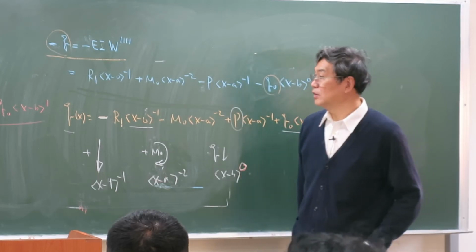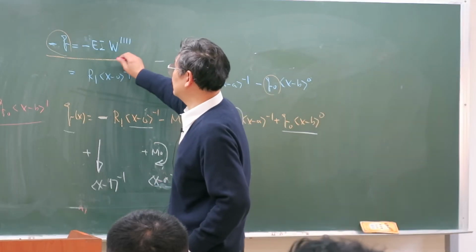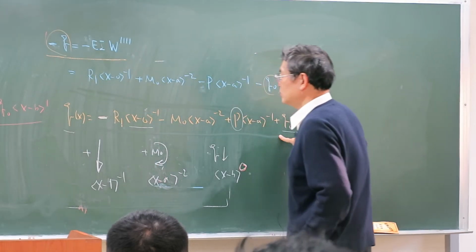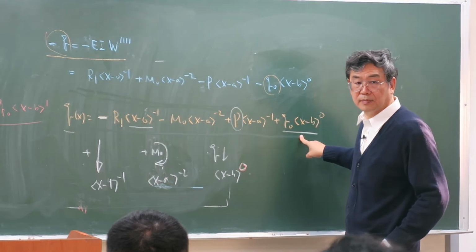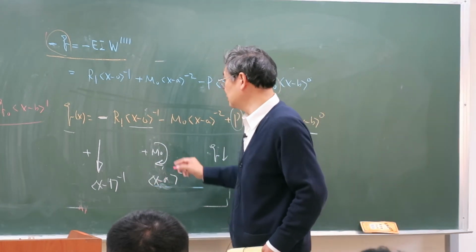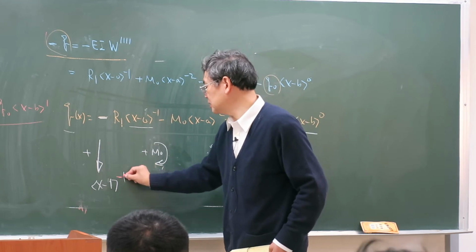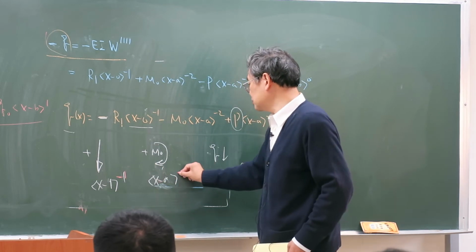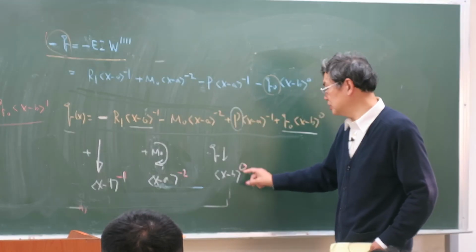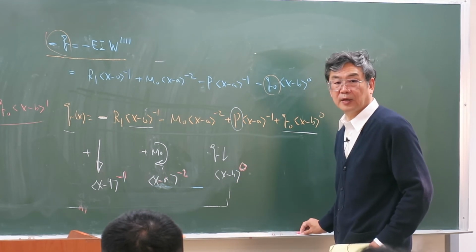So in the future, if we directly use this equation, you should write this force directly, but be careful. R, the concentrated force, has dimension −1. For concentrated moment, −2. Uniform distributed loading is 0. Okay.